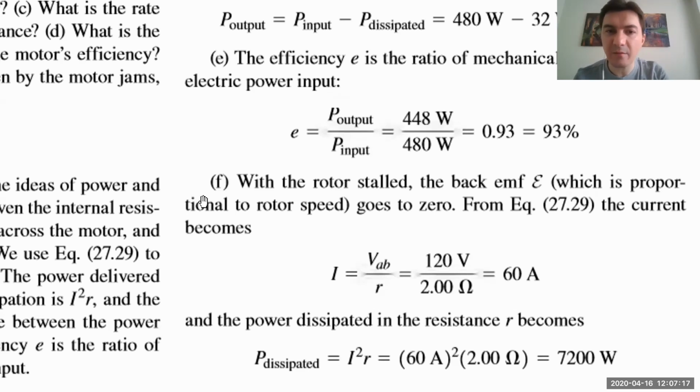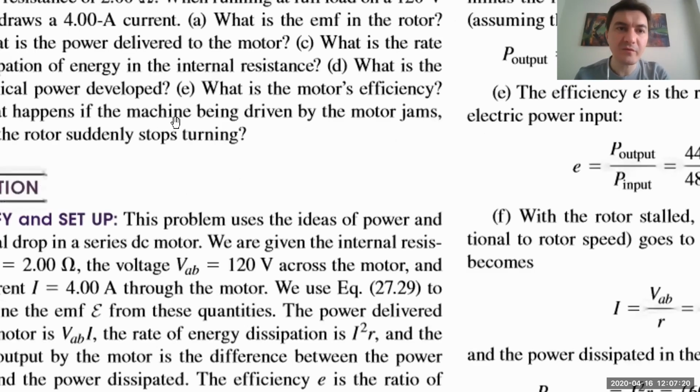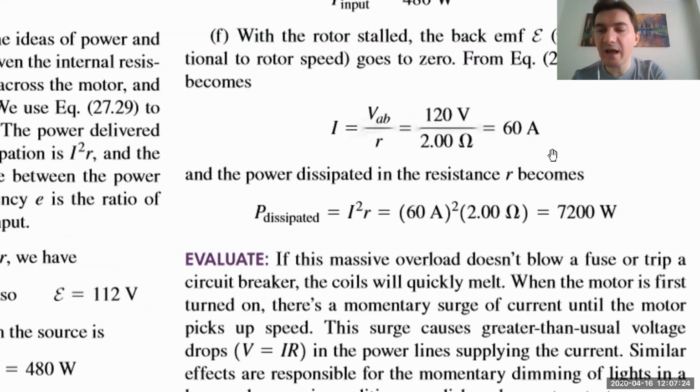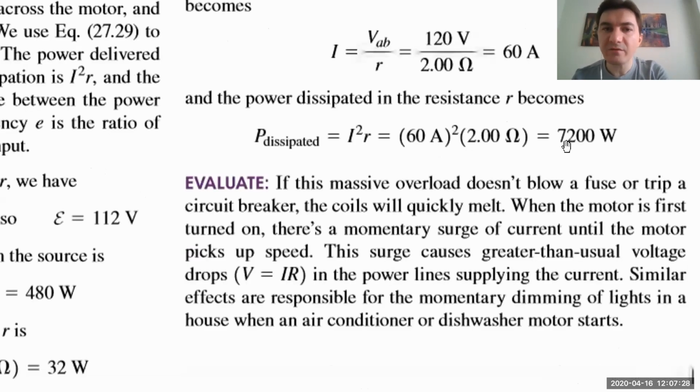Here we have 60 amp. At the beginning, it was 4 amp. Now the motor is stopped and 60 amp is traveling in the circuit. With that 60 amp, we will get that power, 7,200 watt, 7.2 kilowatt. This is huge power and huge current passing through that circuit.